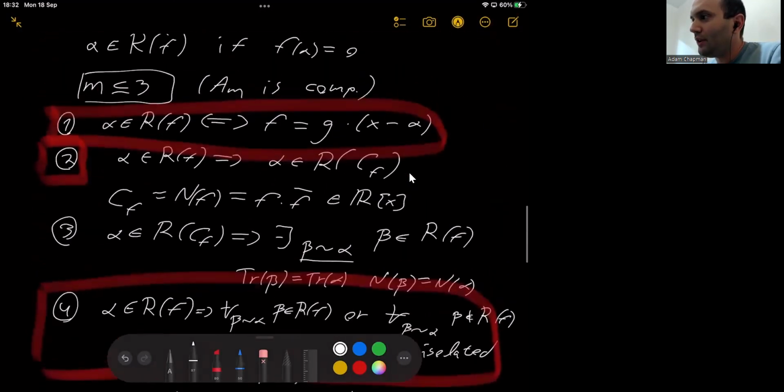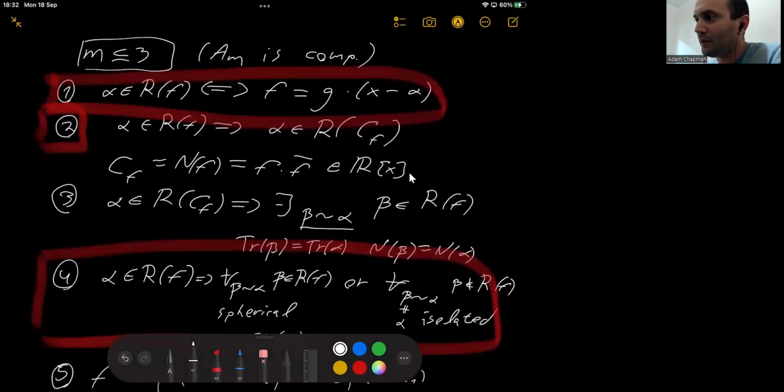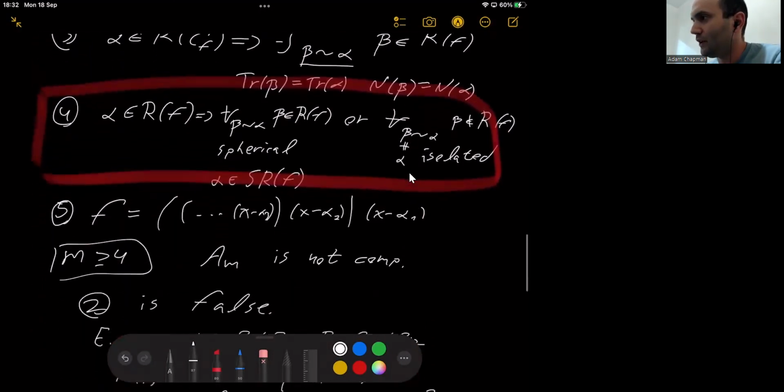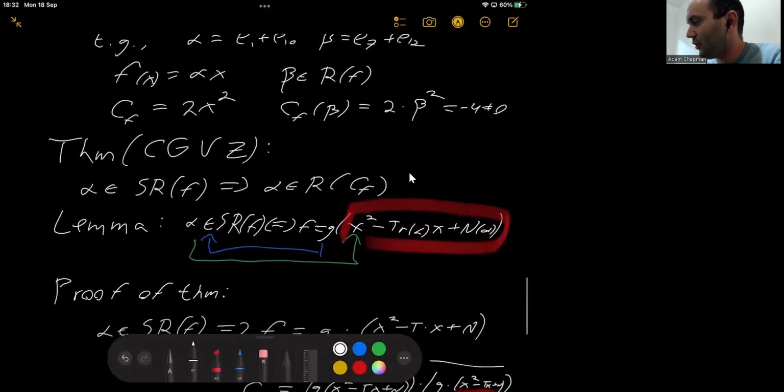Now, what do we have about critical points? I need to explain what critical points are, because the definition is not obvious, right?